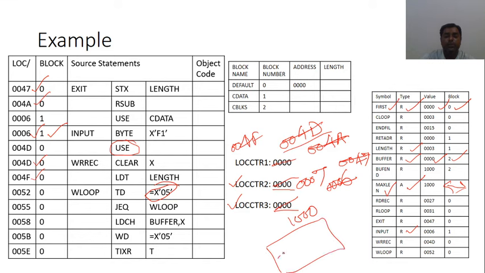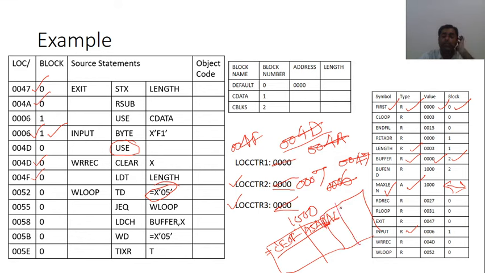In that we have to enter the literals. That means we have to enter EOF. That was the first literal, and the value corresponding to this one is 45, 4F, 46, because the ASCII value, or you can say the hexadecimal value of EOF, is 45 4F 46.